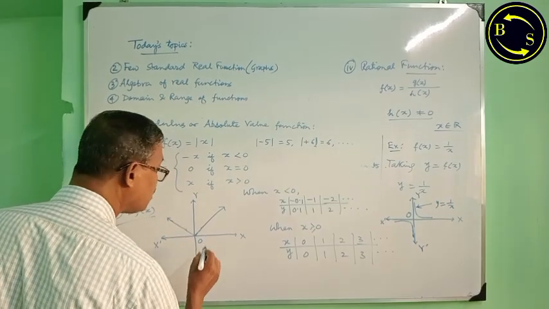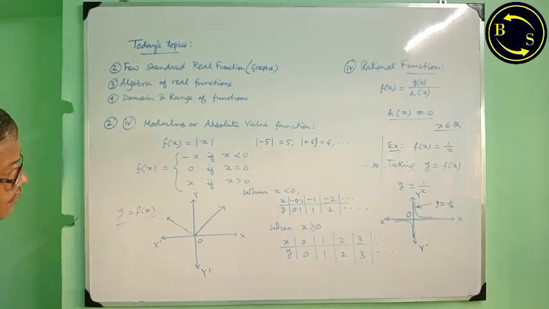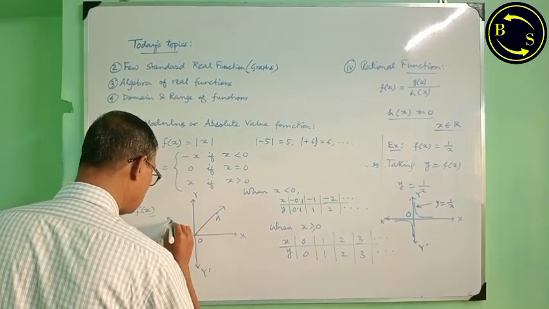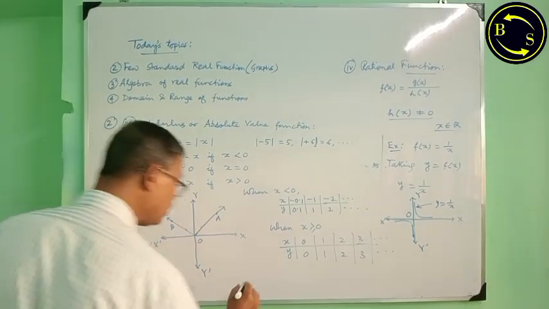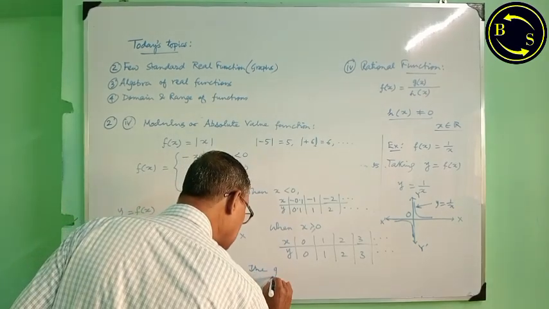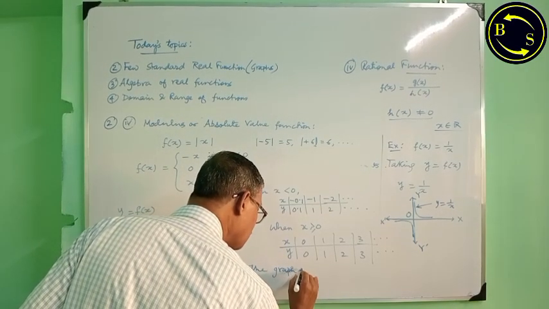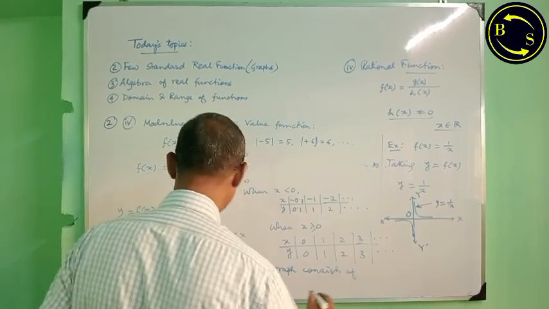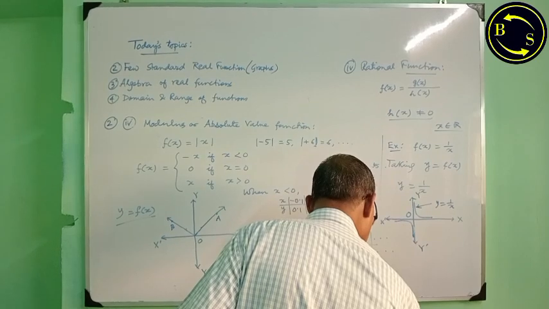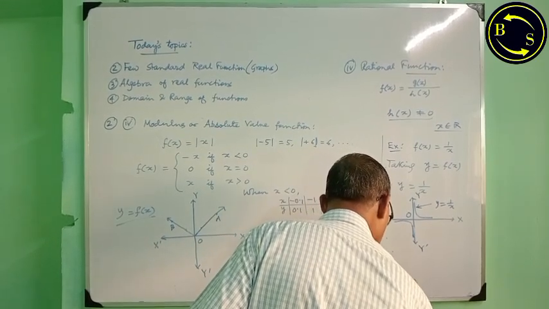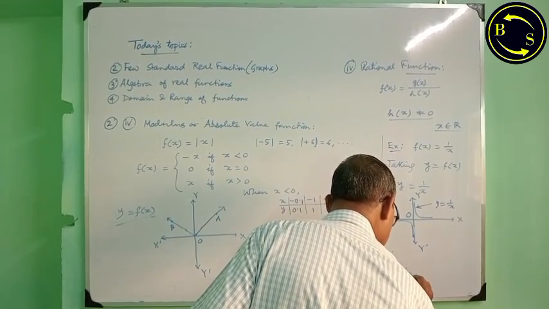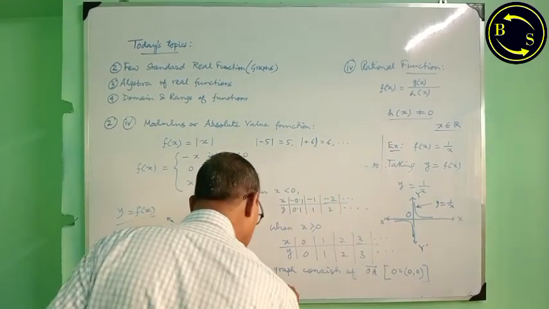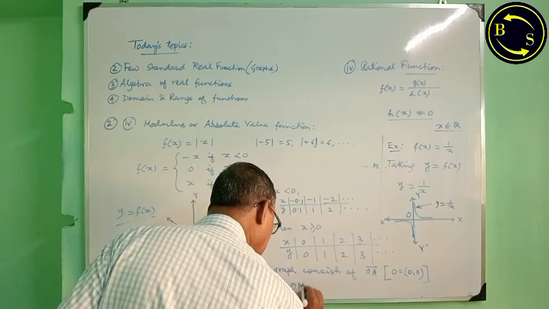This is the origin, the graph will consist of the ray OA, where O is the origin, and the ray OB.